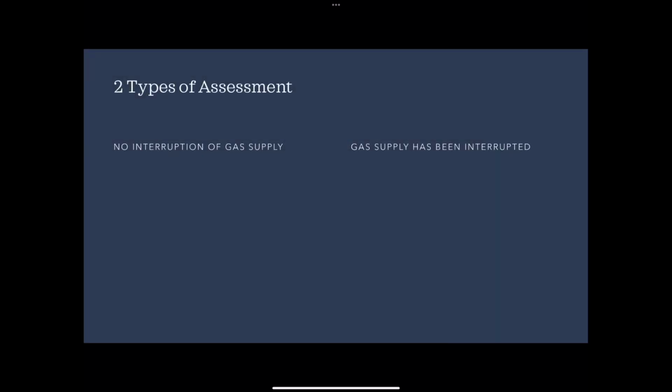So there's two types of assessment. There's ones where there is no interruption of the gas supply, and there's ones where the gas supply has been interrupted. So let's look at the no interruption.